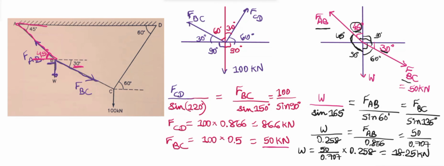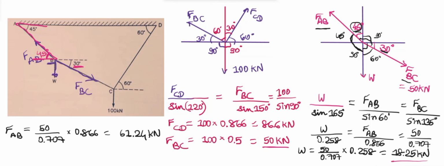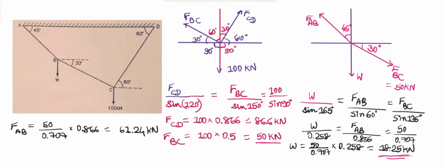And we'll also find FAB. FAB upon 0.866 is equal to 50 upon 0.707. Therefore we have FAB is equal to 50 upon 0.707 into 0.866, which is equal to 61.24 kilonewton. We have got our weight, which is equal to 18.25 kilonewton.